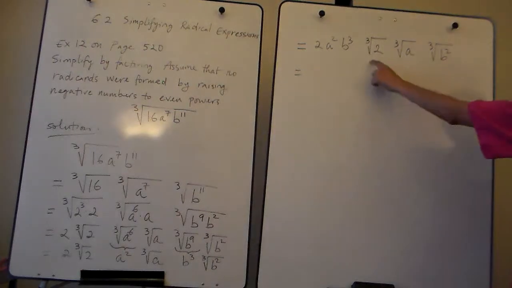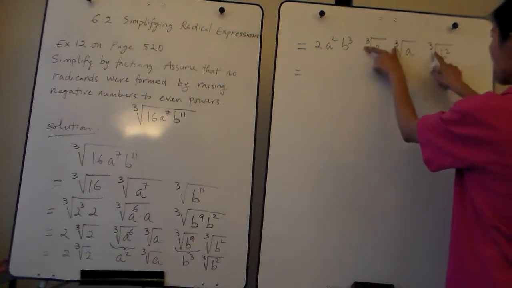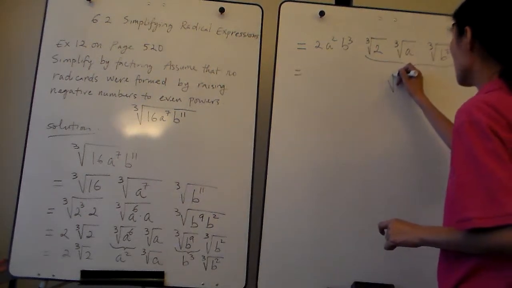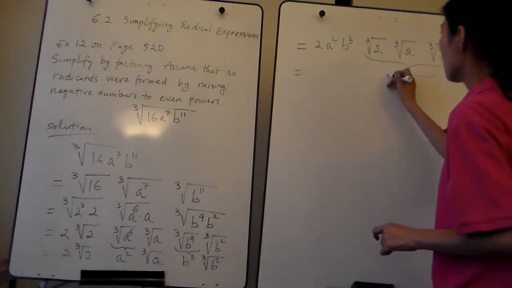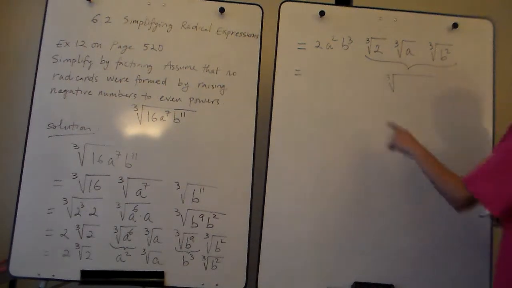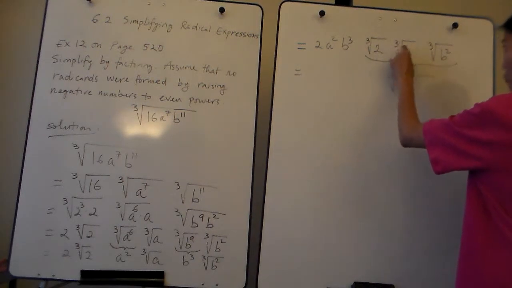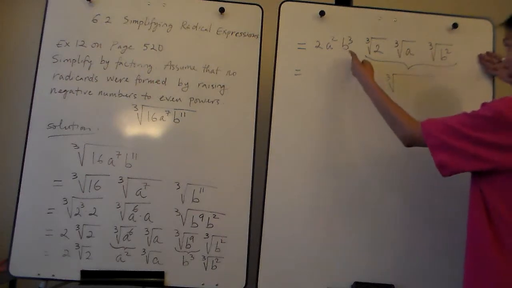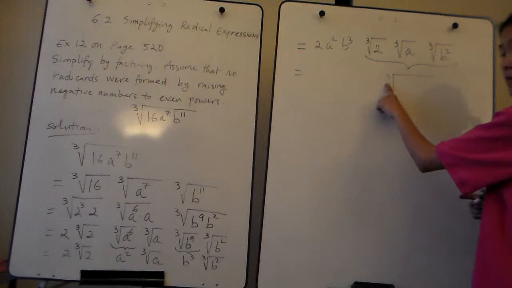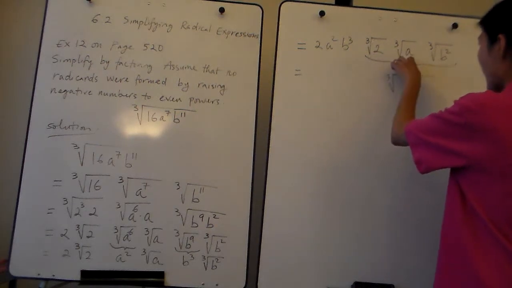Now, because all these three radicals have the same index, which is 3, I can combine them into one cube root. If you have the same index, like this cube root, you can combine all these three radicals into one using the same index 3, and then multiply the radicands: 2 times a times b squared.